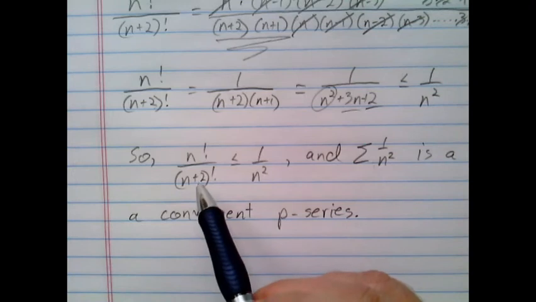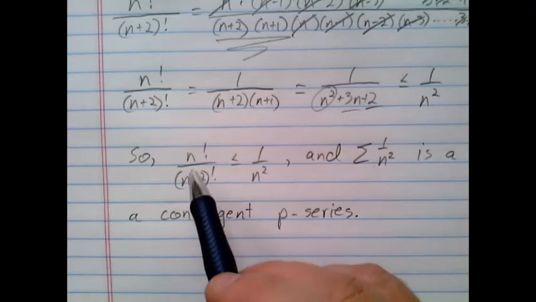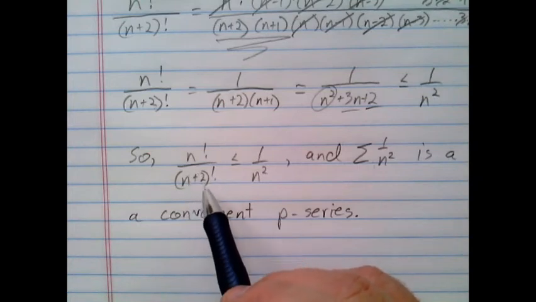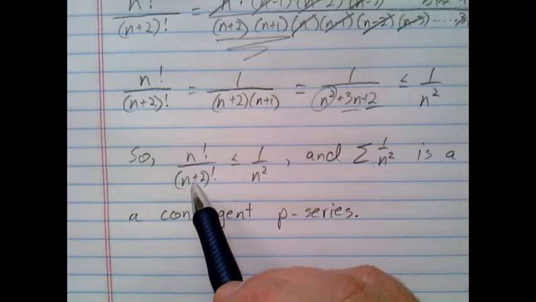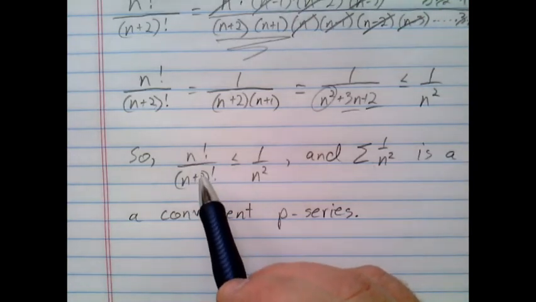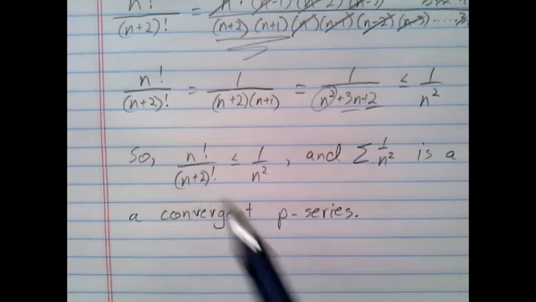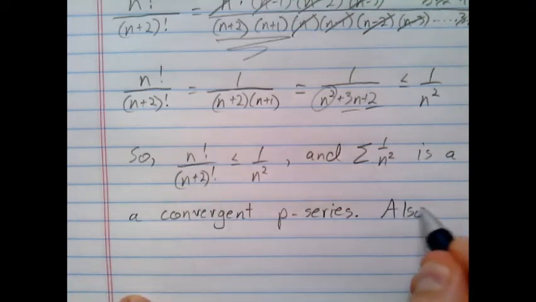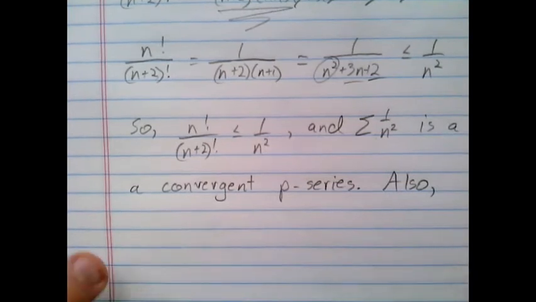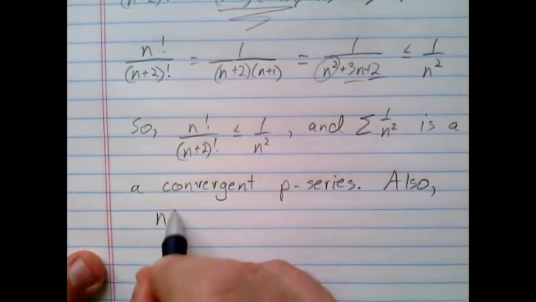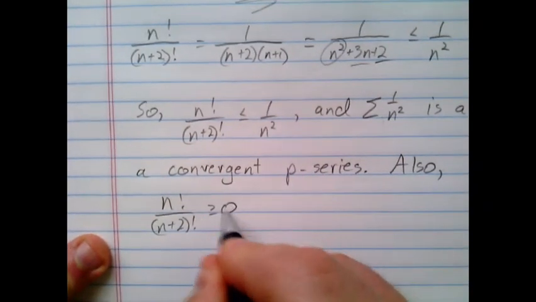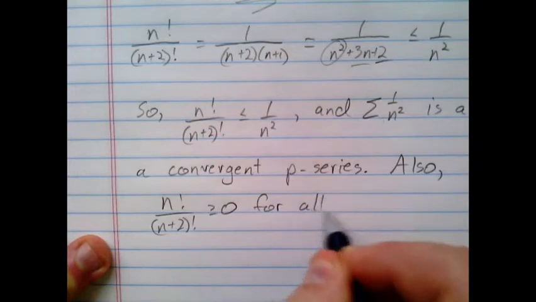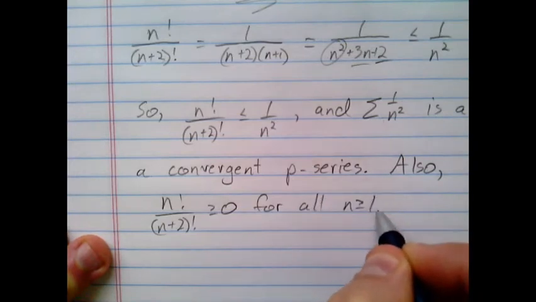Now I also need to confirm that the terms are not negative, that they're greater than or equal to 0. Now, because there's no subtraction or negative signs floating around, I'm pretty much good. It's true just by inspection, but I still need to state it, just to confirm that all the conditions are met. Also, n factorial over n plus 2 factorial is greater than or equal to 0 for all n greater than or equal to 1.